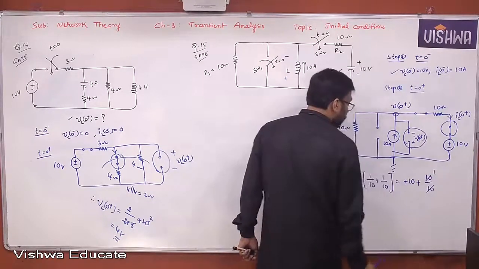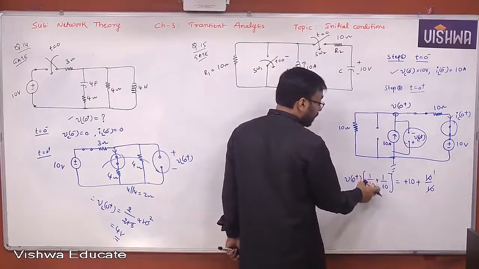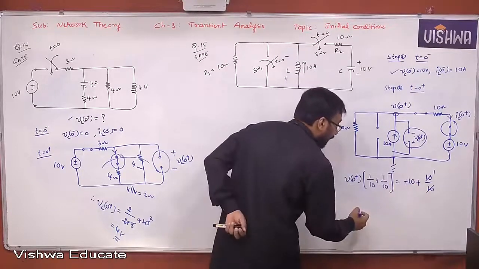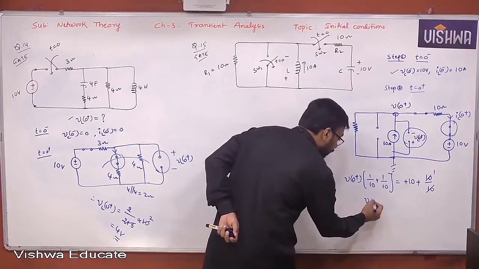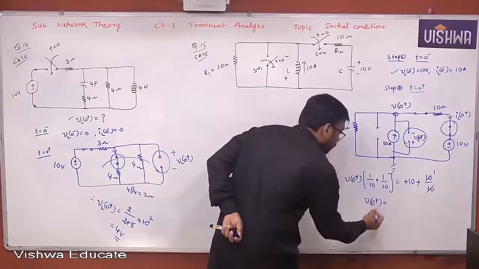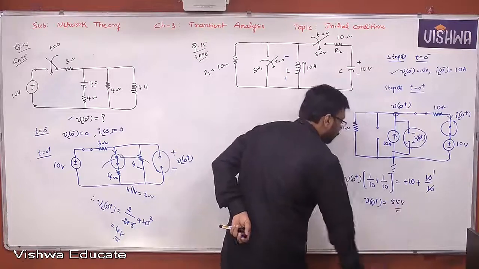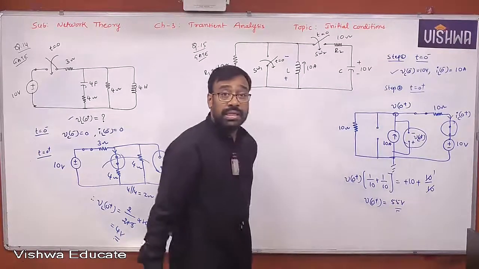This is 1. So this is actually 2 by 10, 1 by 5. So V of 0 plus is what? 5 into 11, 55. V of 0 plus is 55 volts. Understand all of you? Okay.